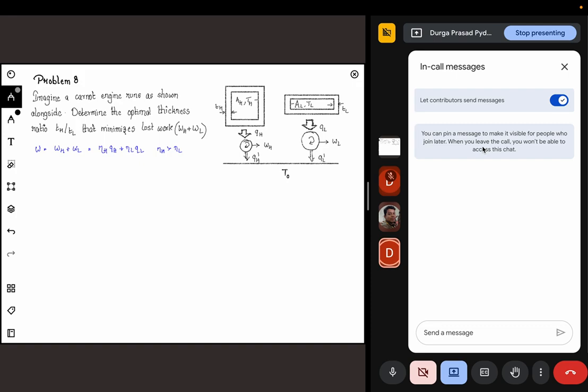We know the intuition; all we have to do is put it mathematically before solving. This is just one way to give the weightages. You can put 2, 3 different numbers and do that, but this is a more systematic way to do it. Okay, now what are eta H and eta L? This is the Carnot efficiency.